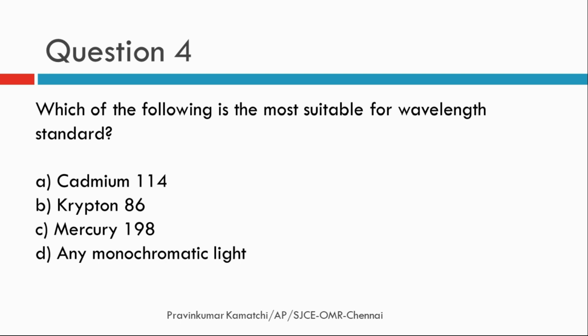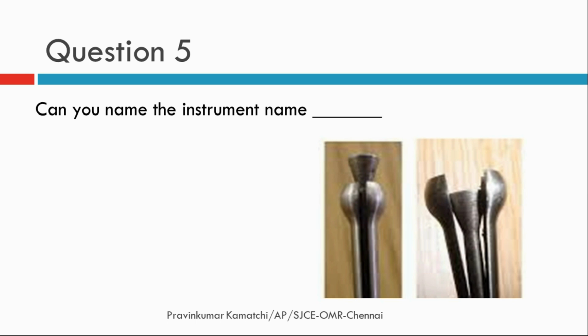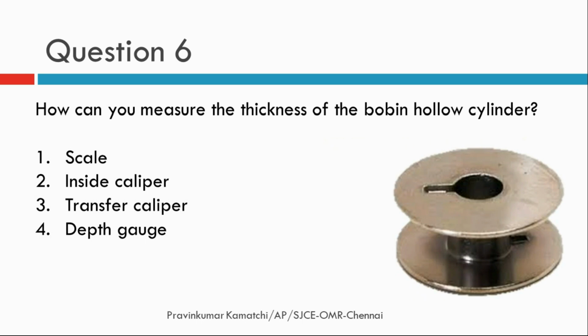Question number 5. It is also a fill in the blanks type. Can you name the instrument with the help of the given figure? Question number 6. How can you measure the thickness of a hollow cylinder? 1.